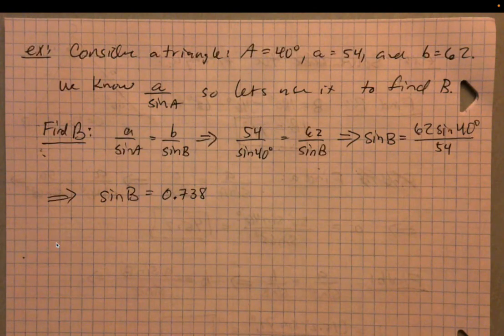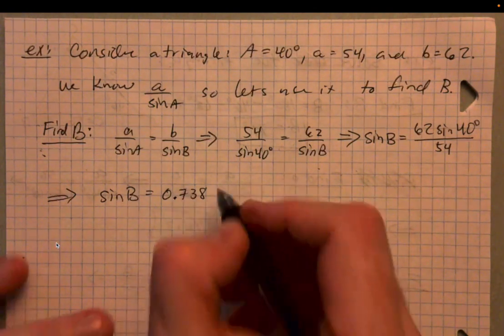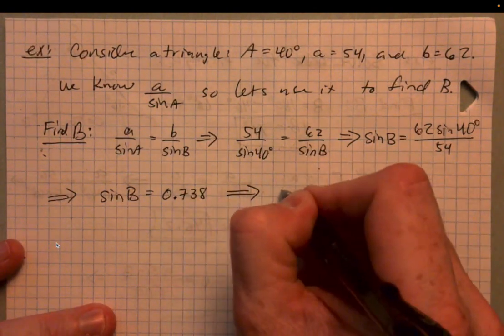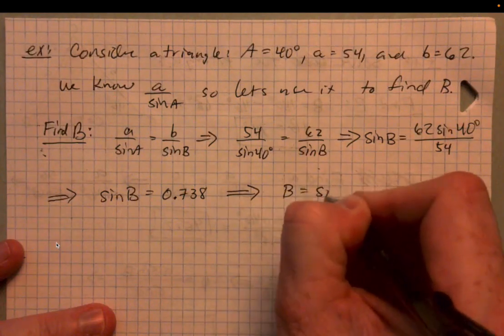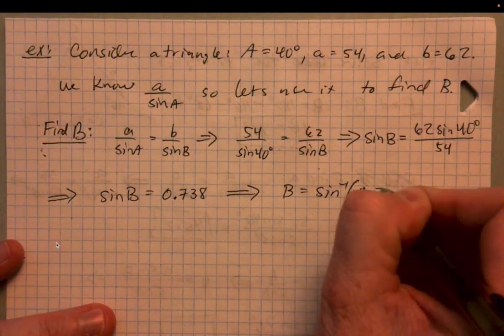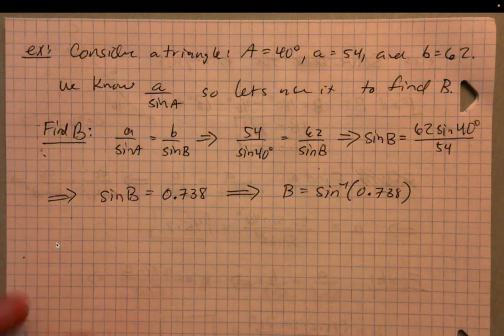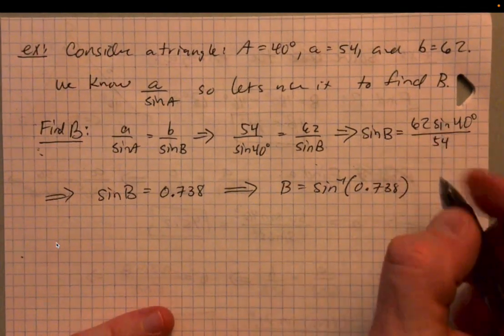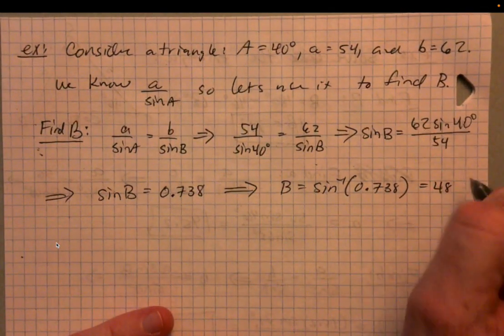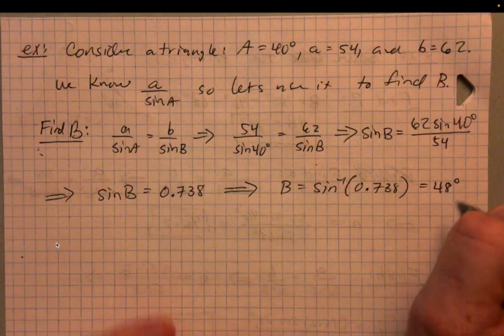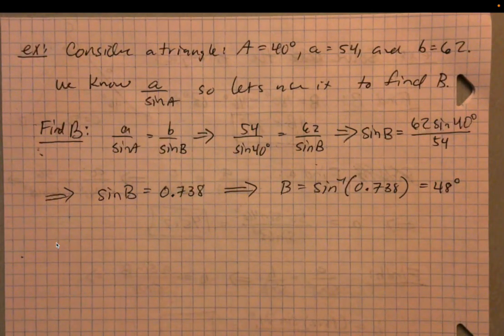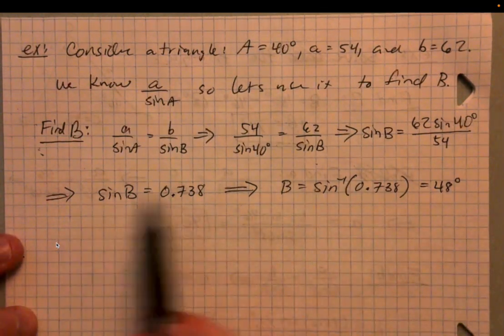Okay, and if you plug this into a calculator, B is equal to the inverse sine of 0.738, what the calculator will typically spit out is one of the two possible angles. And so the first one it'll spit out usually would be 48 degrees or 47.5 degrees. It'll spit this one out. Okay, but there's a second possible angle. There's a second angle that satisfies this also.